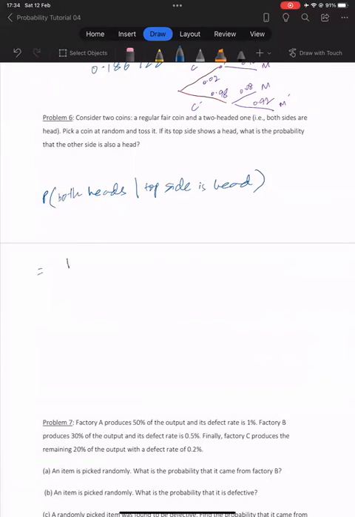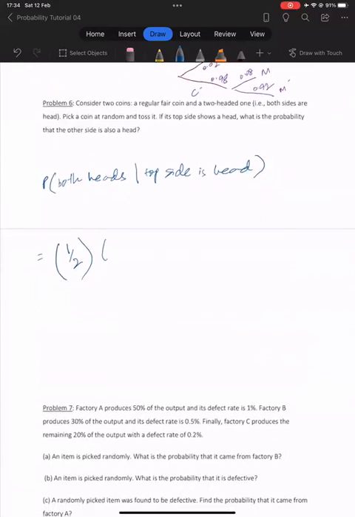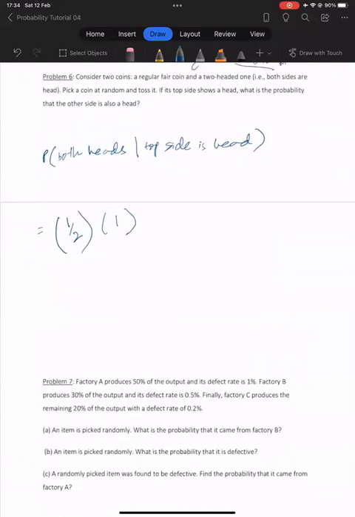So पहले हम वो coin pick कर रहे हैं जिसके दोनों side पे head है क्योंकि हमें दोनों heads चाहिए. And then probability of picking that coin is half because we can pick either of the two coins. And दोनों side पे head होने की probability 1 है because it's a double-headed coin. तो ये ज़रूरी है कि दोनों sides पे ही head होगा.